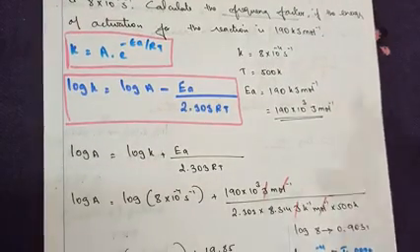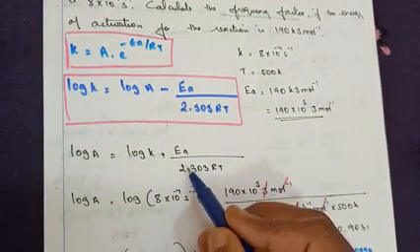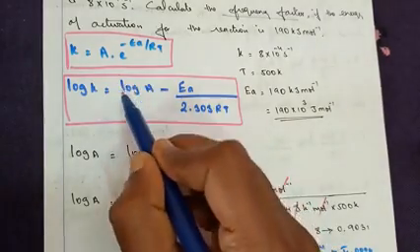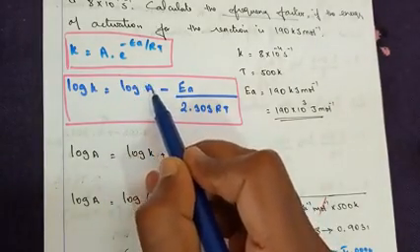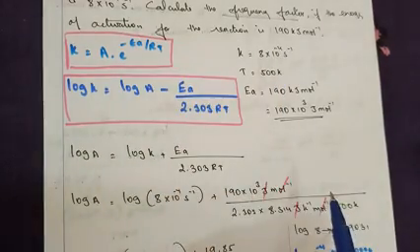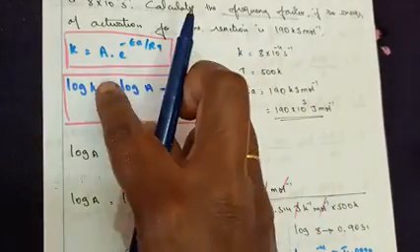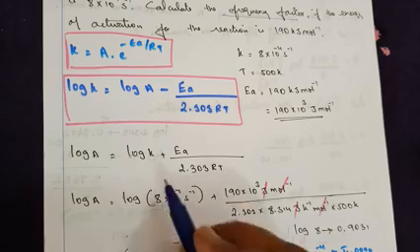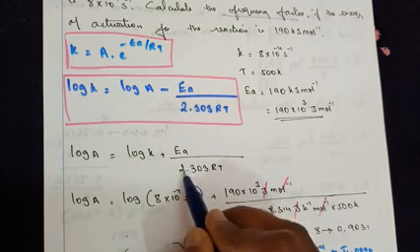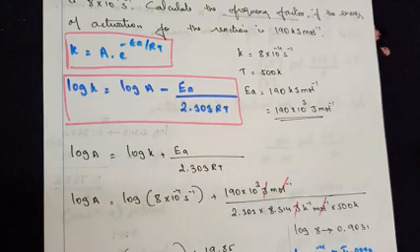Since we have to calculate the frequency factor, we can rearrange the formula so that log A equals log K plus EA by 2.303 into RT, as the minus term on the other side becomes a plus term.